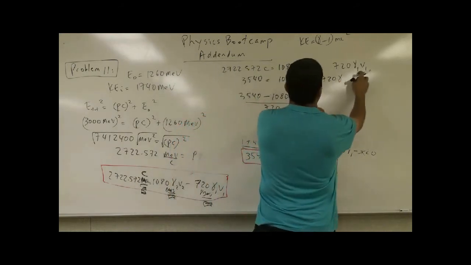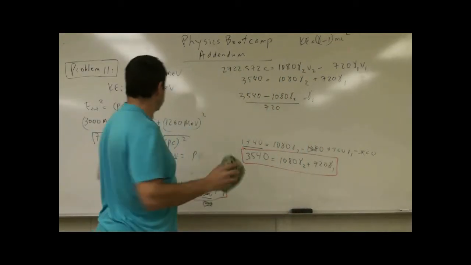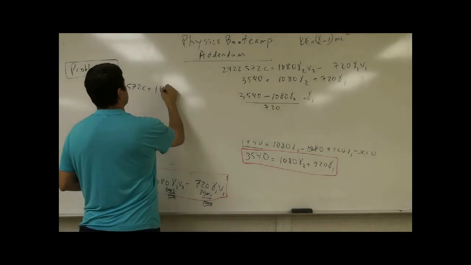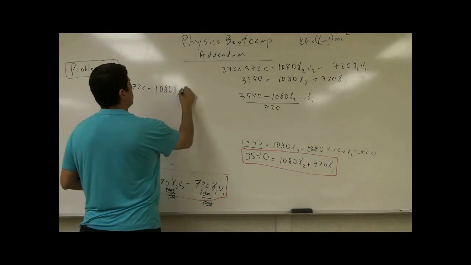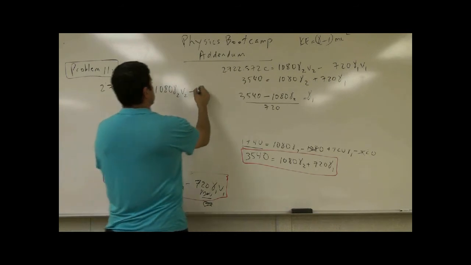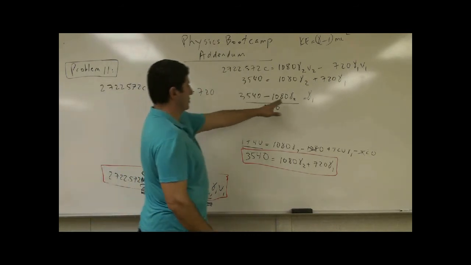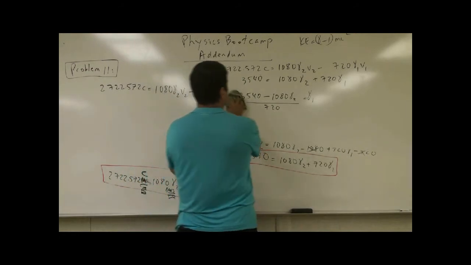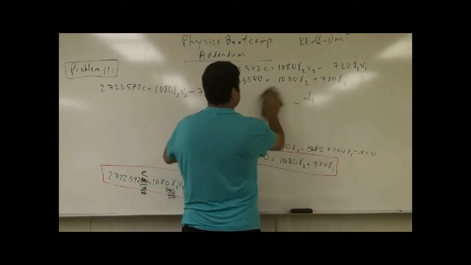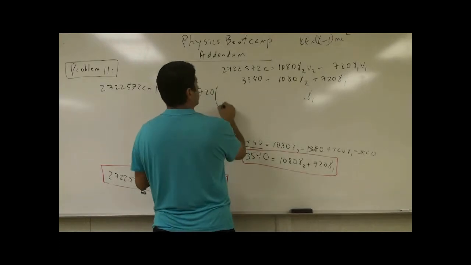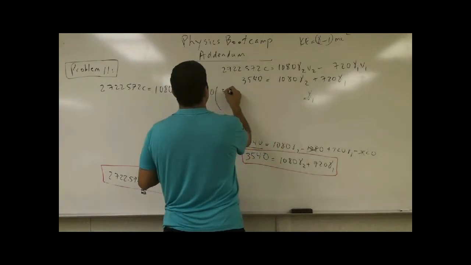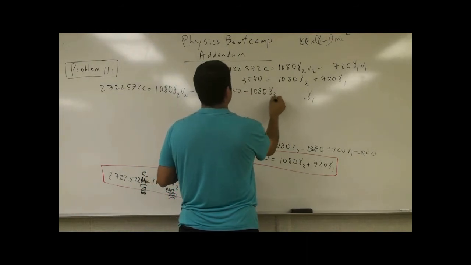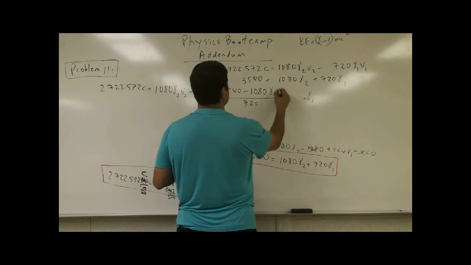Take that gamma 1 and put it into here. 2722.572C is equal to 1080 gamma 2 V2 minus 720, and then I'll put this expression for gamma 1, 3540 minus 1080 gamma 2 over 720.